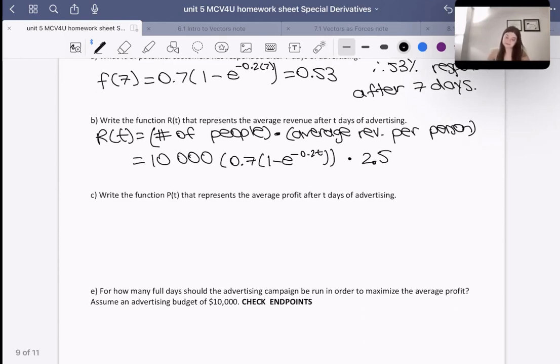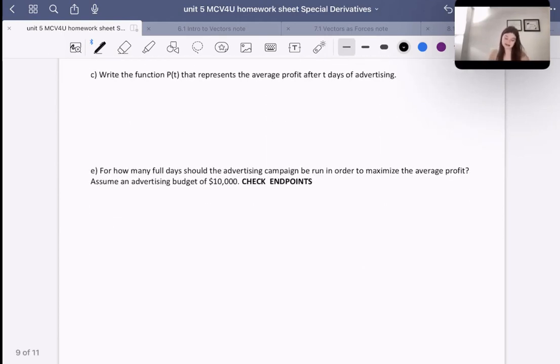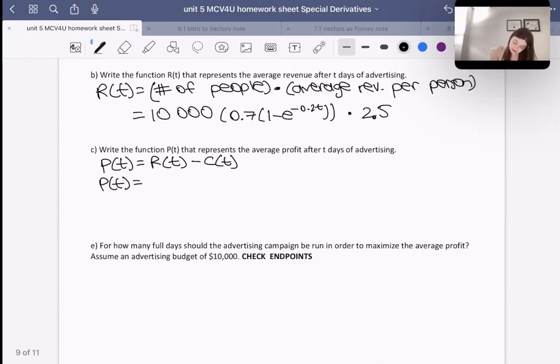Okay. Part C asks, write the function P of T for profit that represents the average profits after T days of advertising. So profit is equal to the revenue, so the money brought in, minus the costs. Okay, so we already know what the revenue is, right? We already know that the revenue is equal to this number here.